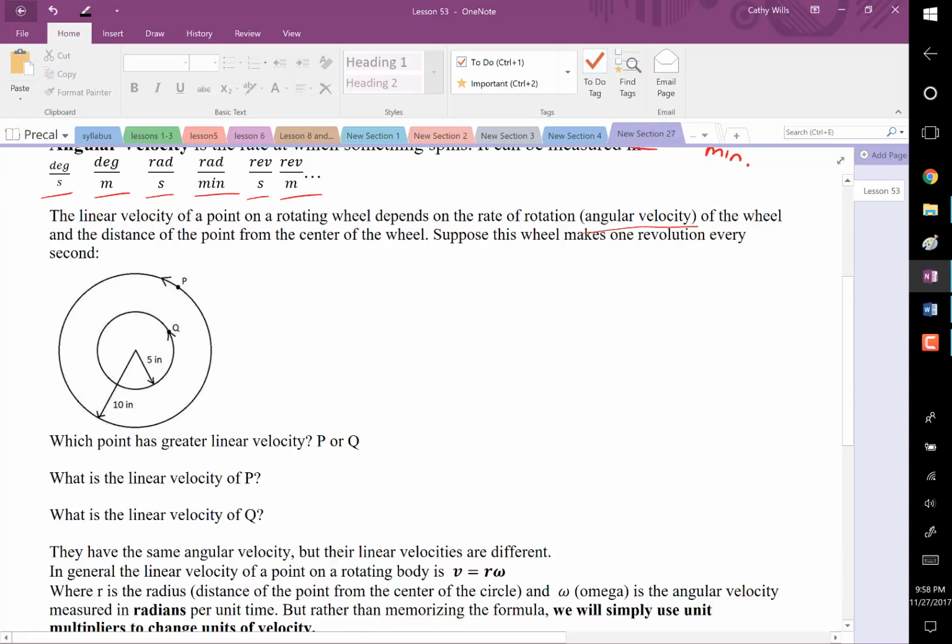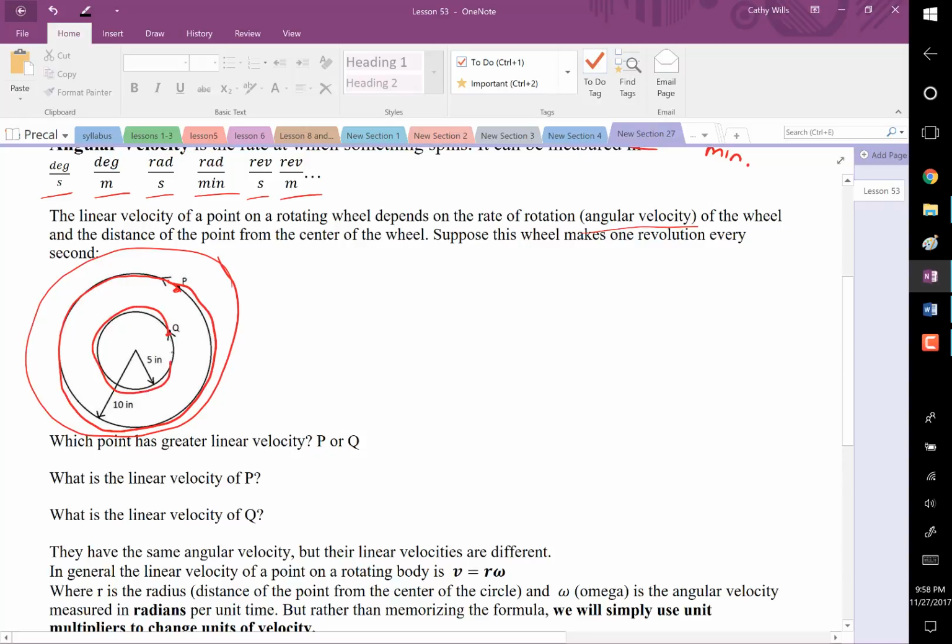So if you look at this wheel here in this picture, you've got a point P and you've got a point Q. P's linear velocity is much faster than Q's because every rotation P goes a lot farther than Q does because it's on the very outside of the circle, which is a bigger distance to go.